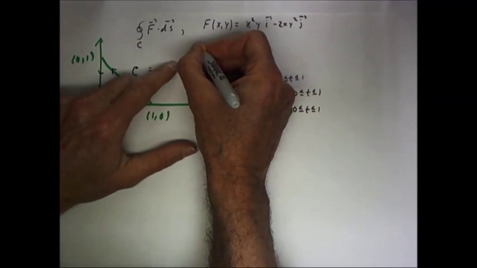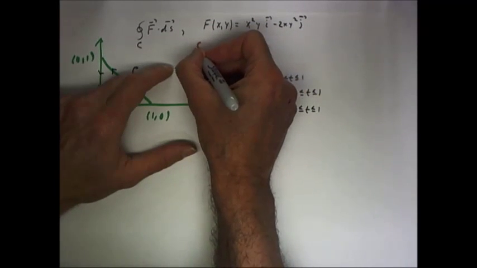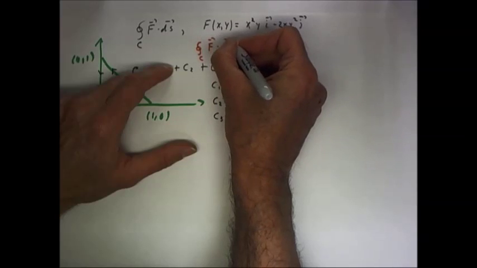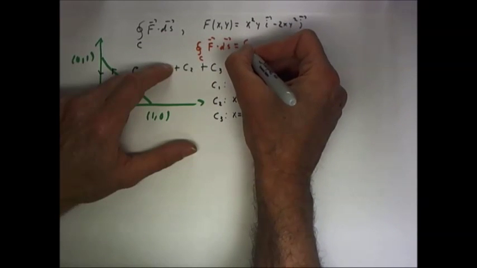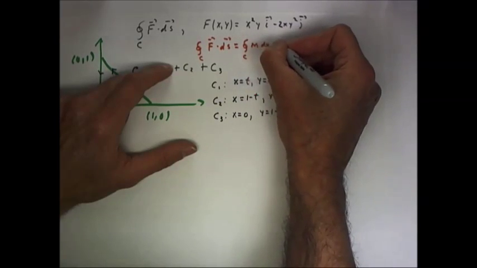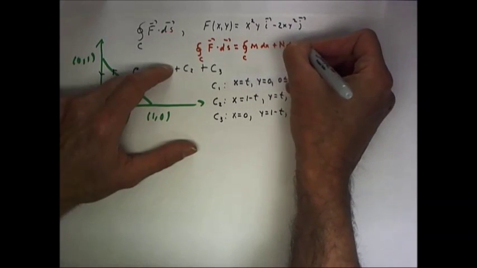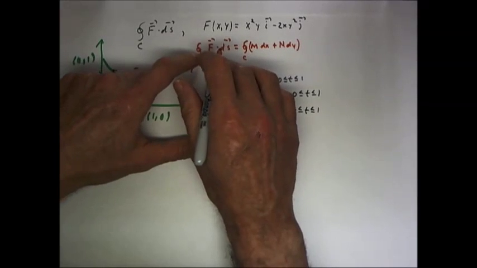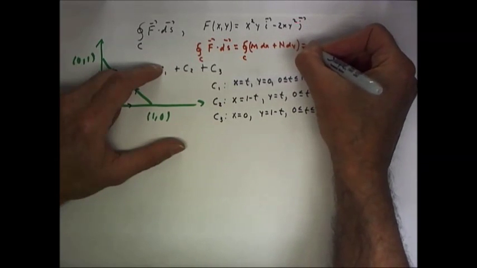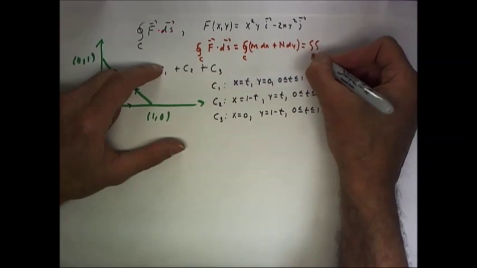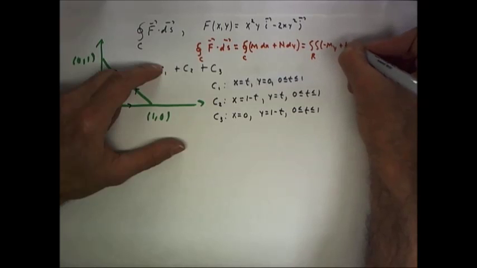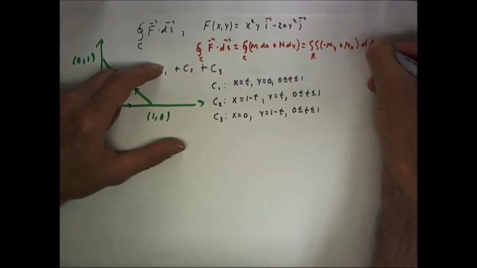Now Green's theorem tells us that the integral over a closed curve of F dot ds can be expressed as the integral over that curve of M dx plus N dy, where F is the function M i plus N j, and that this is equal to the double integral over the enclosed region of negative M_y plus N_x with respect to area.